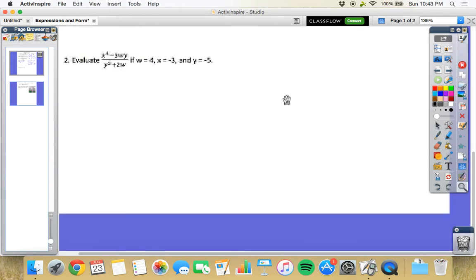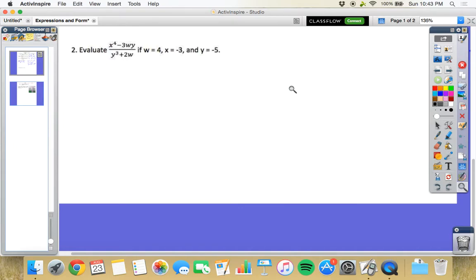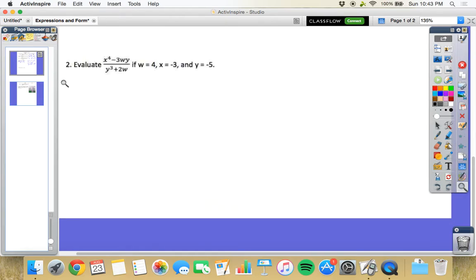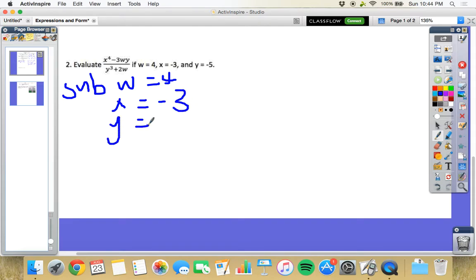So we'll move on to this more complicated example. We'll start again; we still substitute: w equals 4, x equals negative 3, and y equals negative 5.